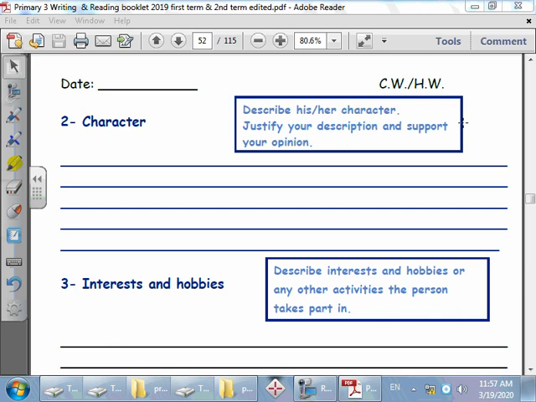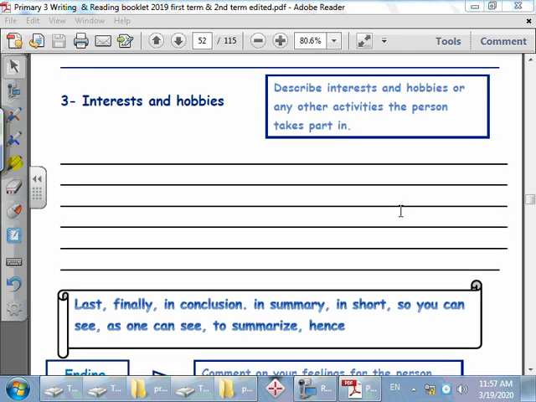After you write supportive, are you just going to write supportive? No, justify your description. Why did you say that he's supportive? So my friend is supportive because whenever I need help, he's always there for me. Okay? So you write, why did you choose this? We're still here in the second paragraph.